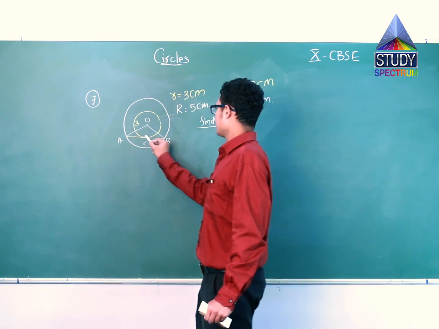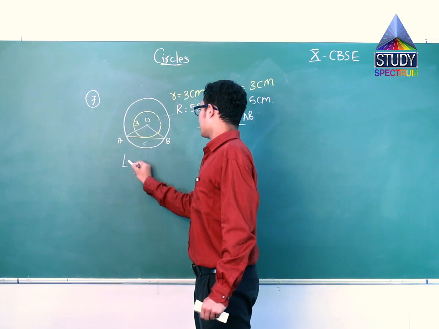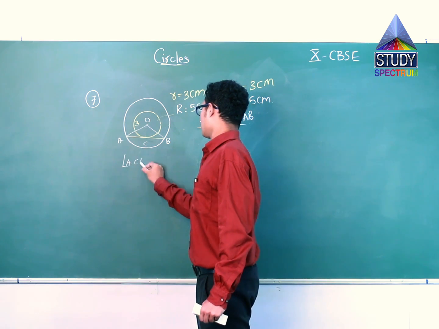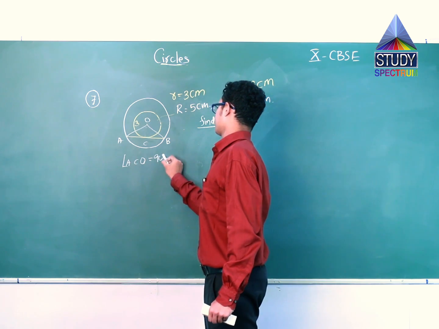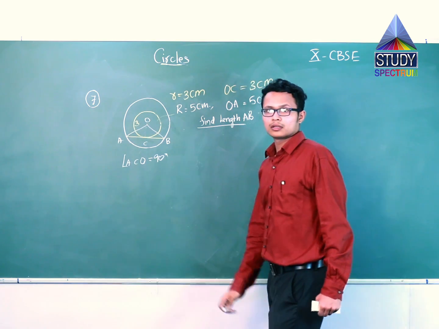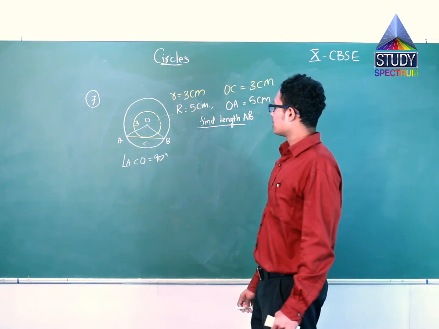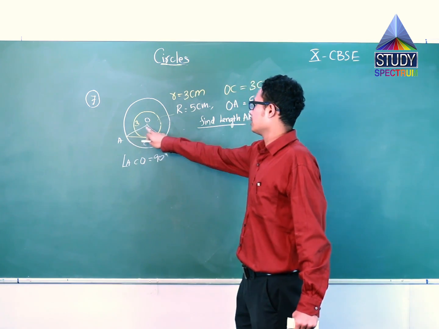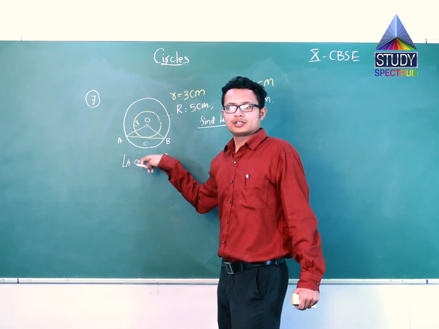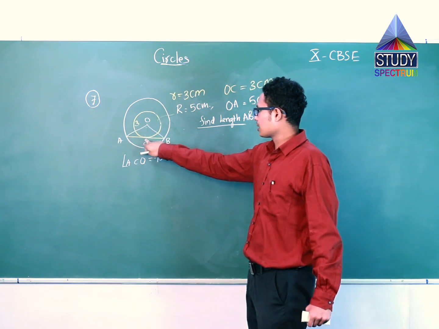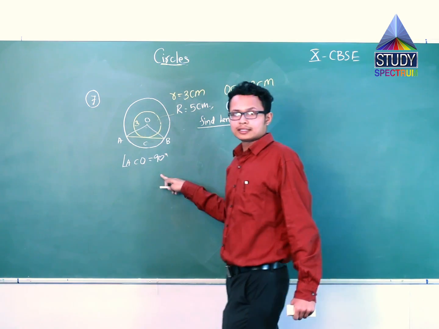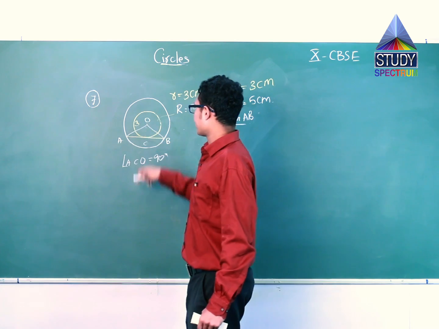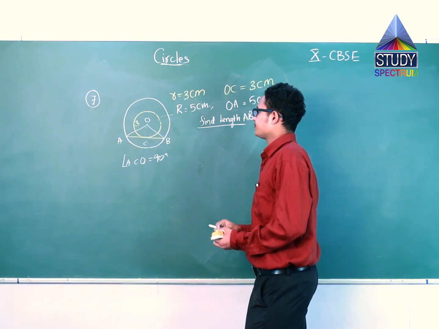Now from theorem 10.1, angle ACO is 90 degrees. The tangent and the radius, the line from center O to the point C on the circle, are at right angles.